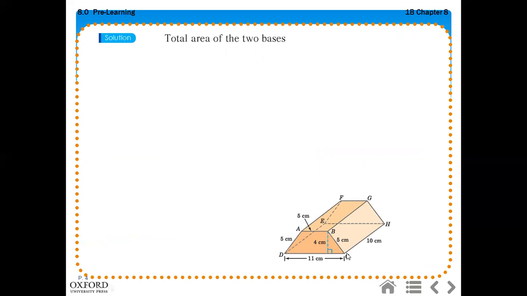First, the two bases, the front and the back, which is a trapezium. So by area of the trapezium, sum of the upper and lower bases times the height over 2. There are 2 bases, so times 2.